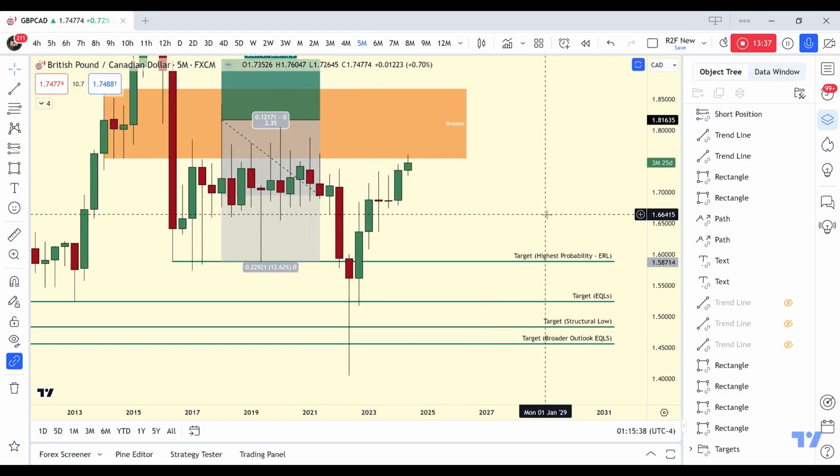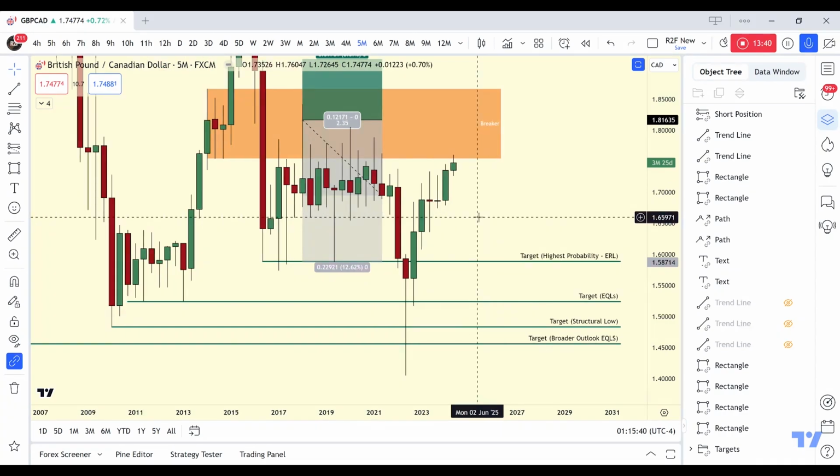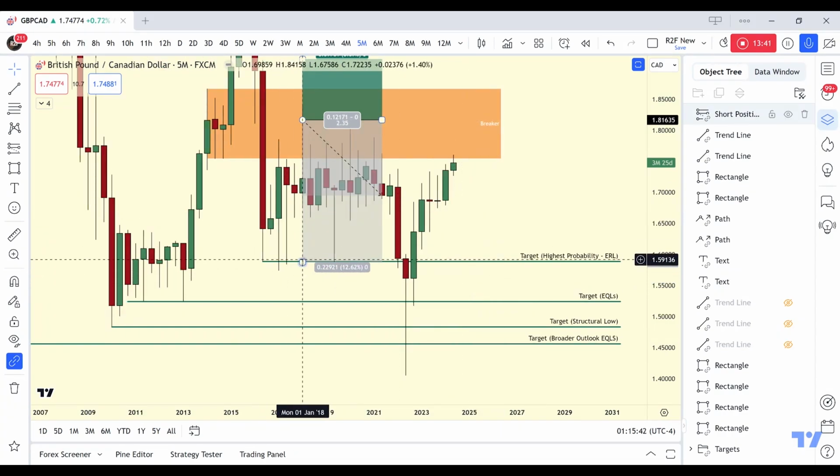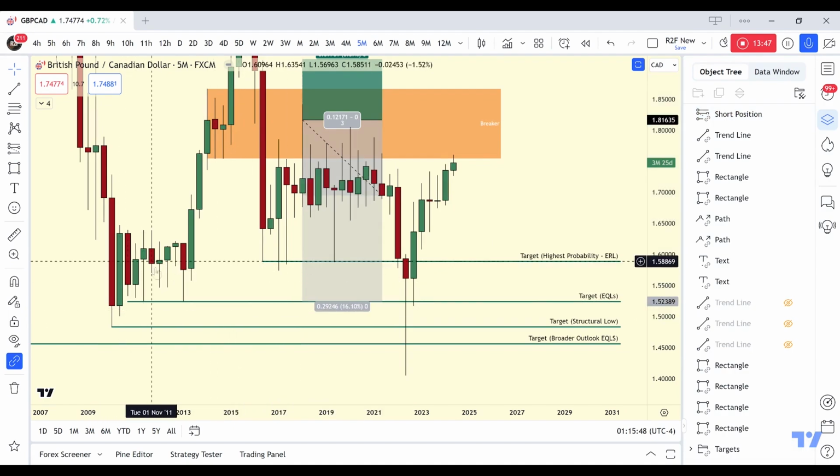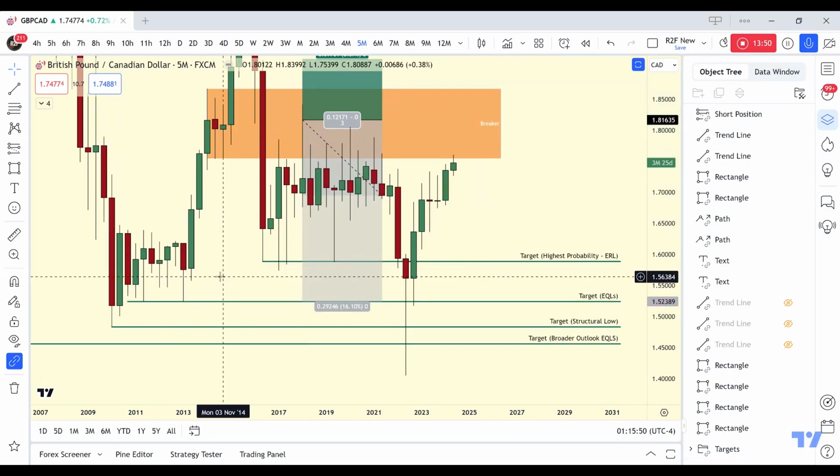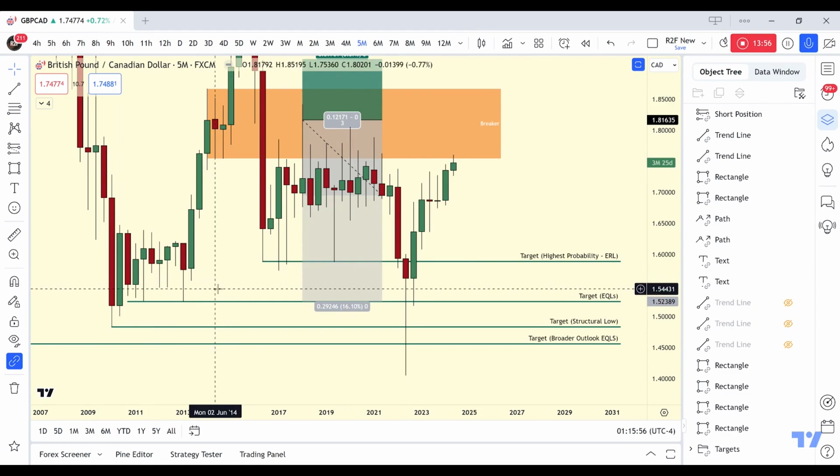Okay, so the next highest probability target would be more discretionary. It would be these equal lows down here. You see these multiple lows down here, and this is a large pool of liquidity. Price is drawn to these areas, so this is also a relatively high probability target.